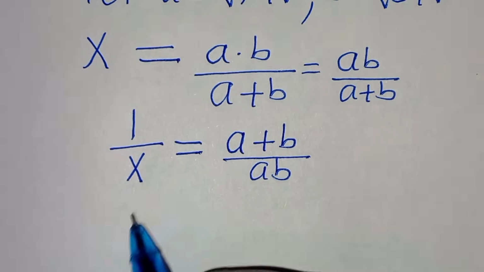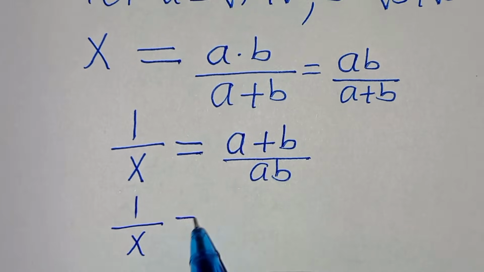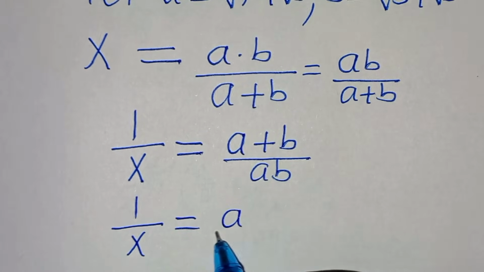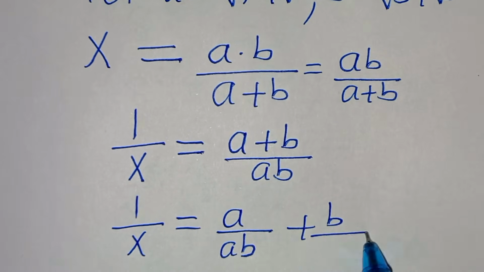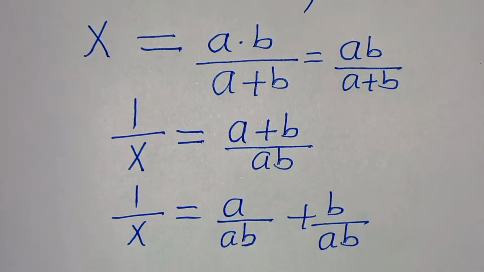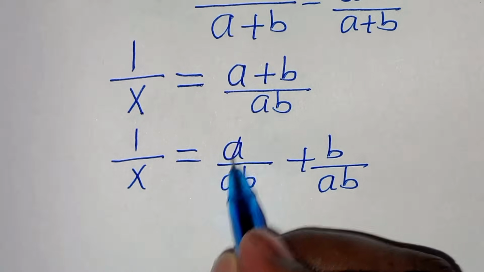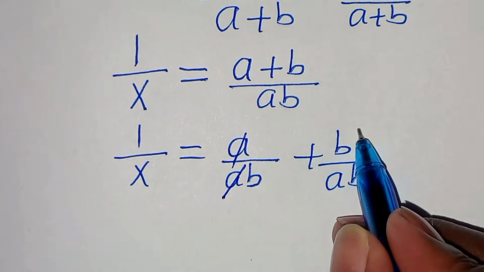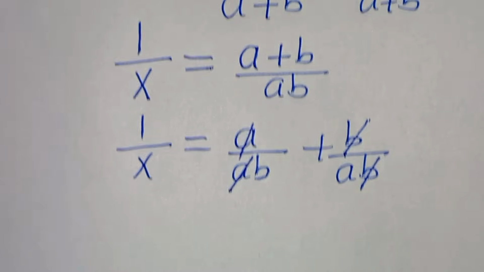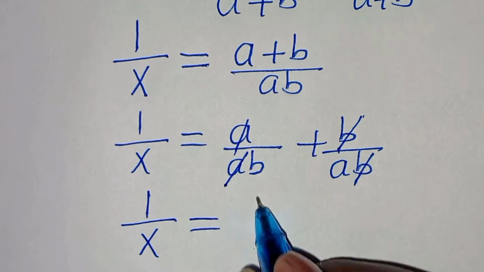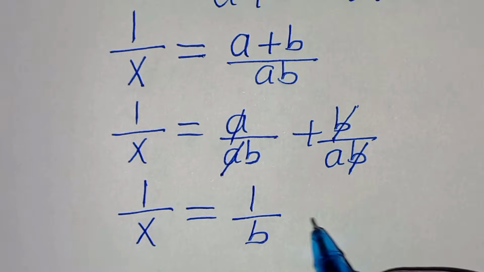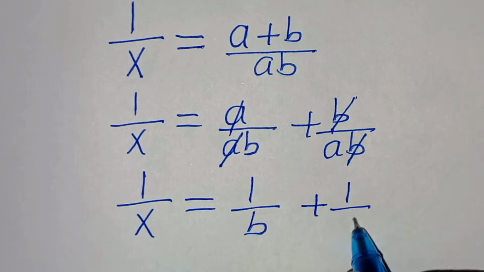So that now we have 1 over x equal to a divided by ab plus b divided by ab. So let's simplify a and a here, and also simplify b and b here. So this implies that 1 over x is equal to 1 over b plus 1 over a.